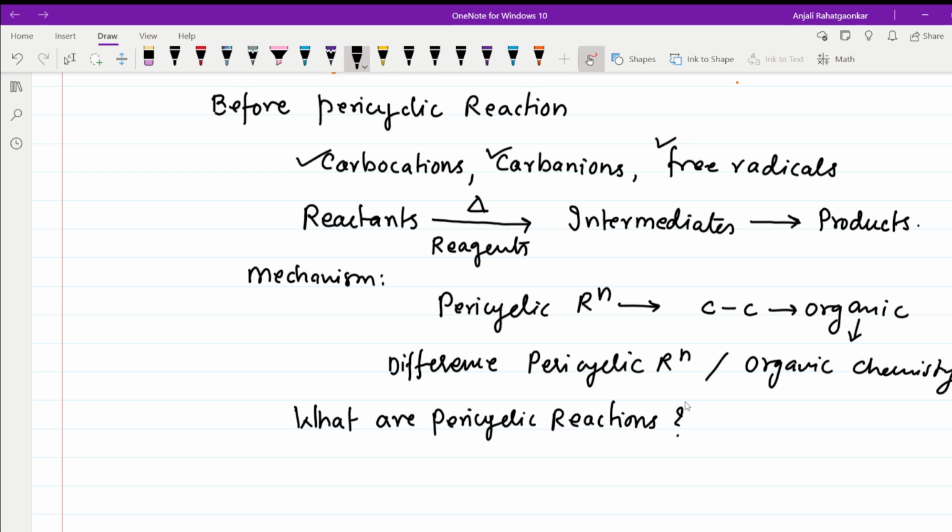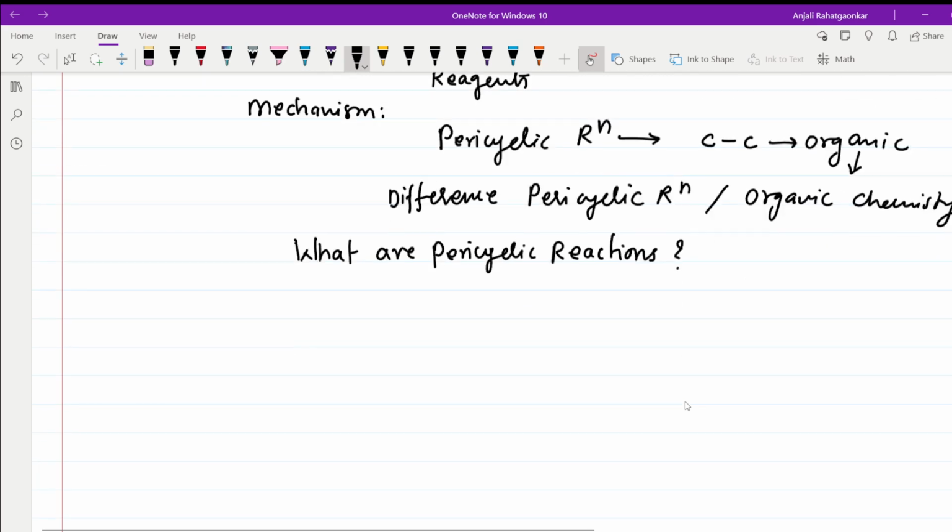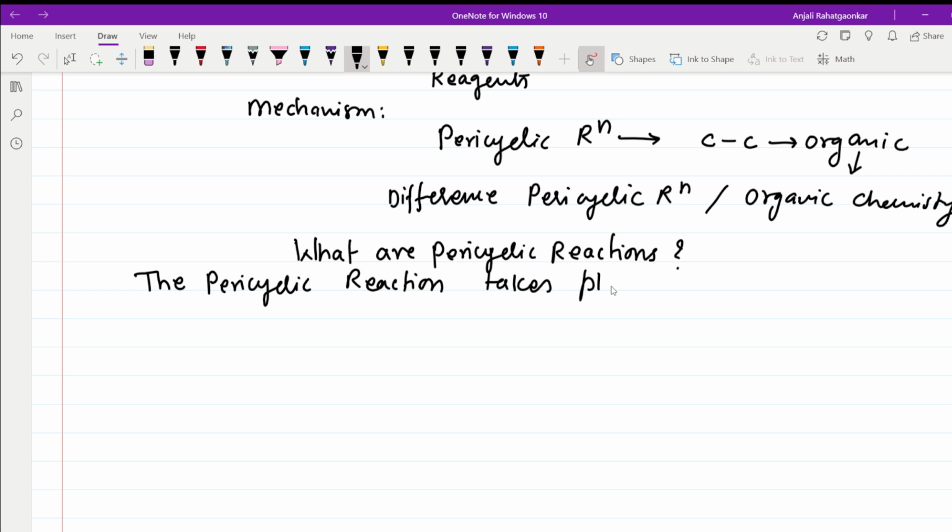Let me define that the reaction takes place in a concerted manner. So here I am writing the definition: the pericyclic reaction takes place via a concerted manner.